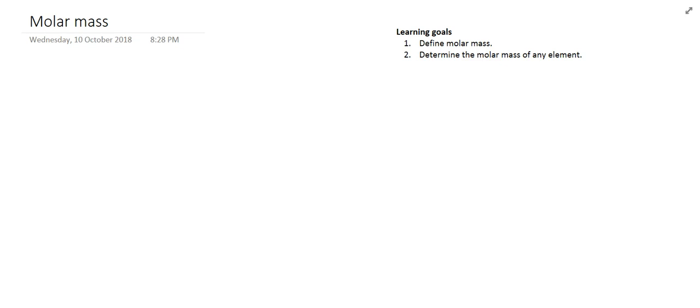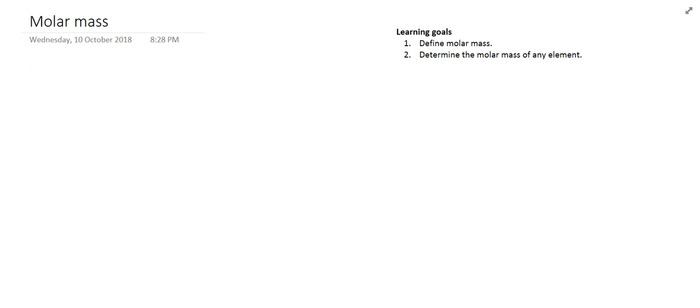Hey guys, in this video we're going to discuss molar mass. Now molar mass is a very important term in the calculation of the amounts of stuff that we have in chemical reactions or just right in front of us. So if we have right in front of us some amount of water, we might be able to determine the mass of this water by putting it on a balance.